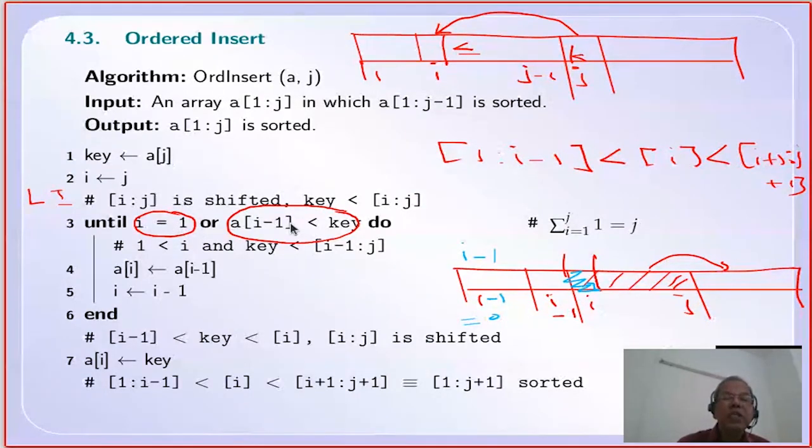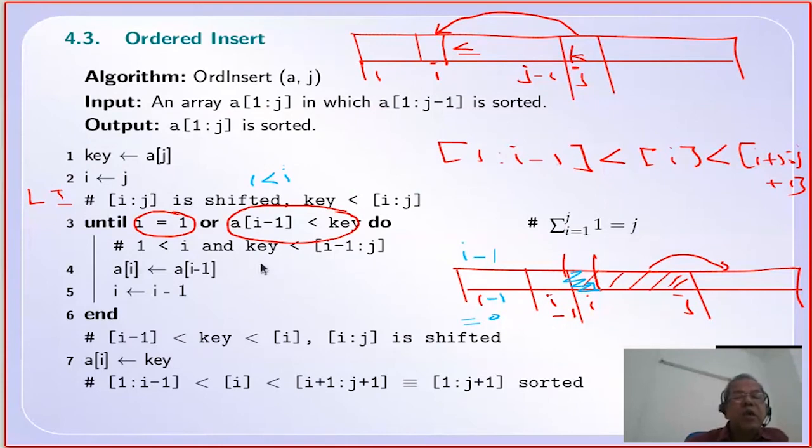There are two subconditions. The order of the two subconditions matters. First, you should test whether i is equal to 1. Only then, when it comes here, i is greater than 1. Only if i is greater than 1, you can speak about the item at i minus 1. Before ensuring i is greater than 1, you should not access the item at i minus 1.